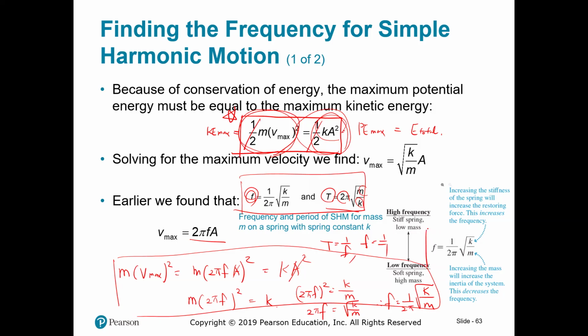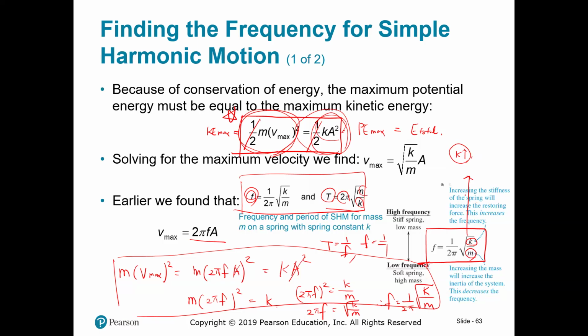The frequency of a spring is proportional to the root of k, the spring constant, and inversely proportional to the mass. Think about why. Let's assume k is the spring constant, right? If you increase k, what does that mean? You're going to use a stiff, strong spring.